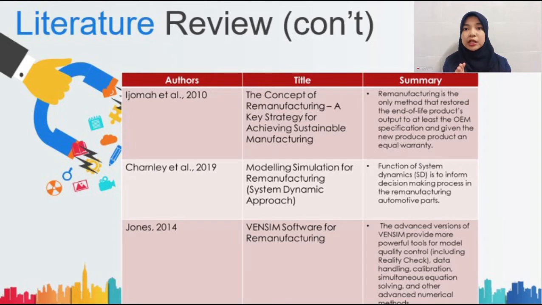According to Charlie and others 2019 also, system dynamics is used to inform the decision-making process in remanufacturing automotive parts. The most commonly used software tools in system dynamics include Ventana Simulation, which is Vensim, Systems Thinking for Education and Research, Stella, and Powersim.